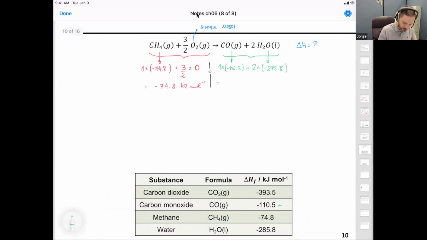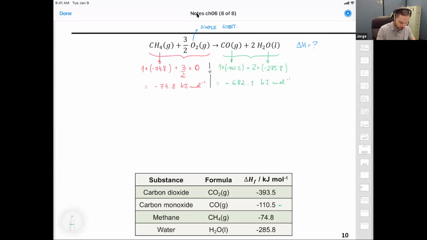And the energy level of the products is going to be minus 682.1 kilojoules per mole. So using the delta H of formation, which is the energy of 1 mole of molecules, we can determine the energy level for reagents and products.